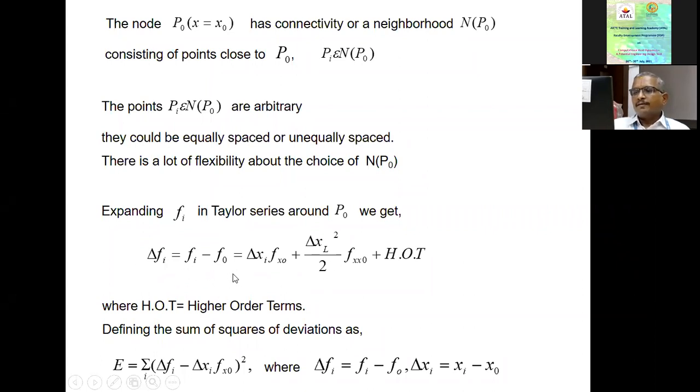So Fi is F0 plus delta Xi Fx0. I have shown here terms up to second order, and I have stopped after the second order term. HOT represents the higher order terms. So if you look at this equation, what are we really interested in?